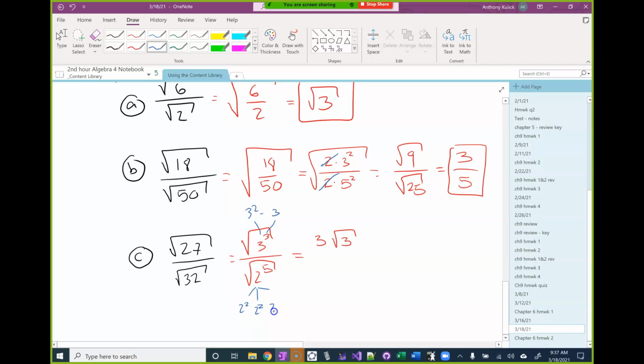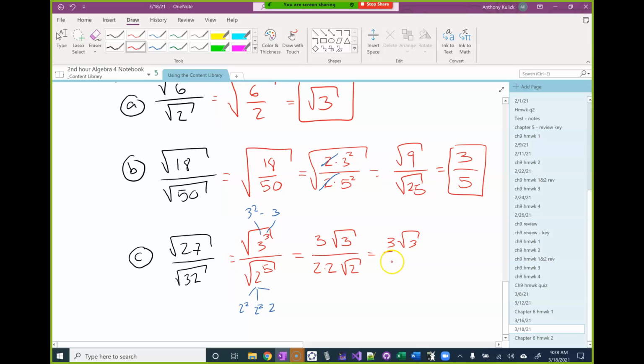The 2 squared comes out, and the 2 to the first is left underneath. Is everybody okay with that? Equivalent to doing 9 times, same idea. So that gives me 3 root 3 over 4 root 2.